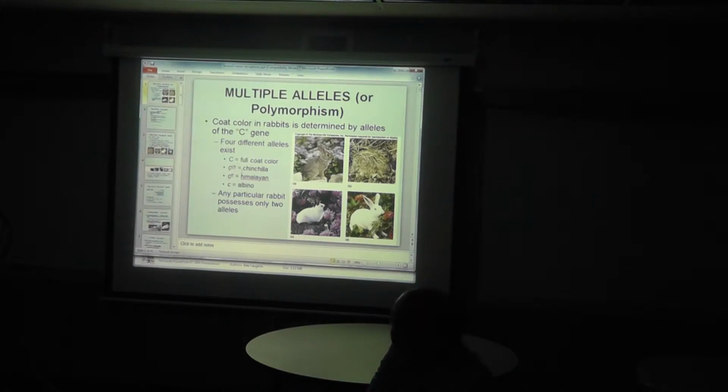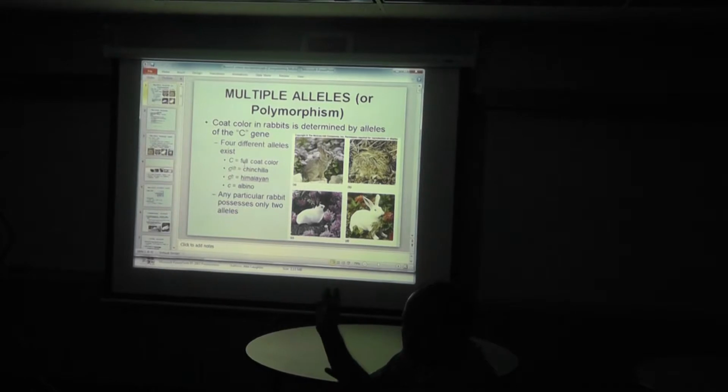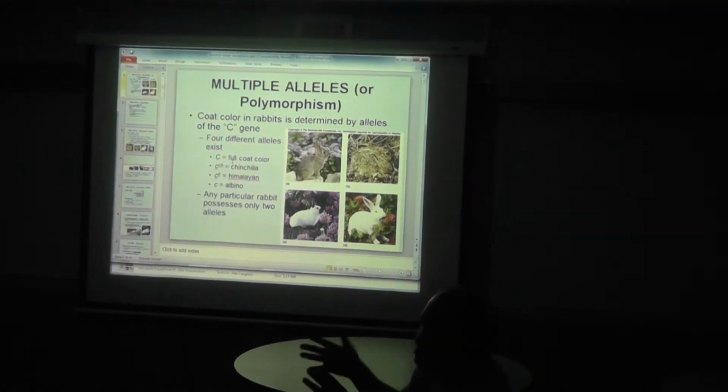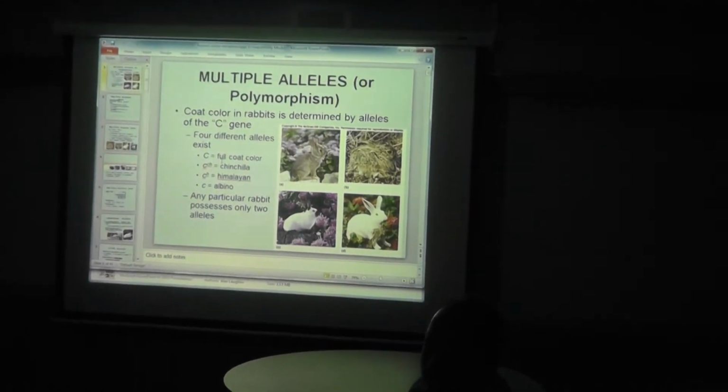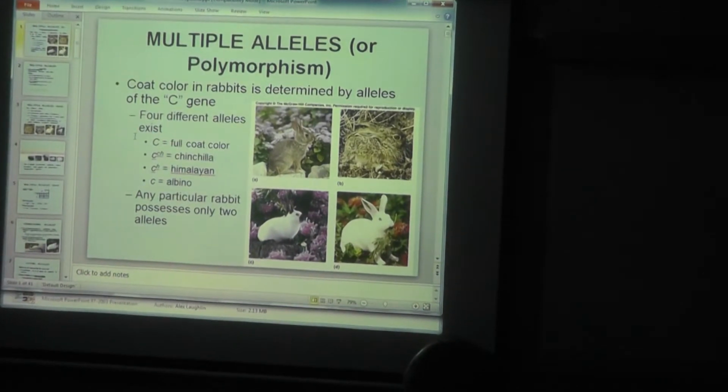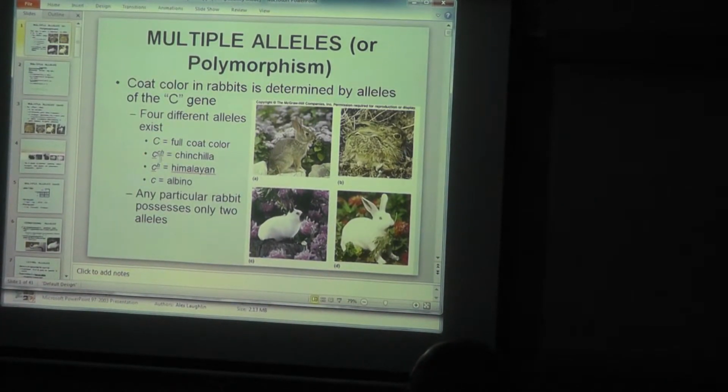The reason I'm showing you this picture is because it illustrates two things. One is multiple alleles, not 3. There are 4 alleles here. And then there are rules by which they mix. If both of these mix, some kind of incomplete dominance will happen.